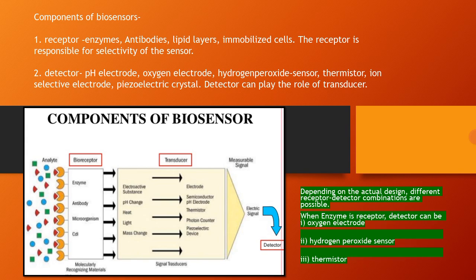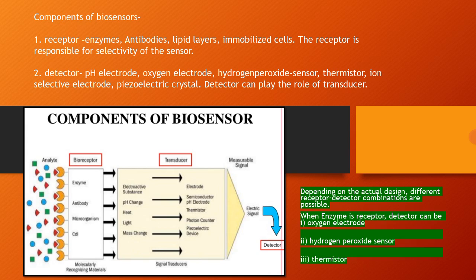In case of the enzyme as the bioreceptor, that will carry out the reaction. The analyte will bind to that enzyme. The reaction will be processed. Then an electroactive substance will be produced, which can be determined using the detector such as the pH electrode. You can see in that picture.